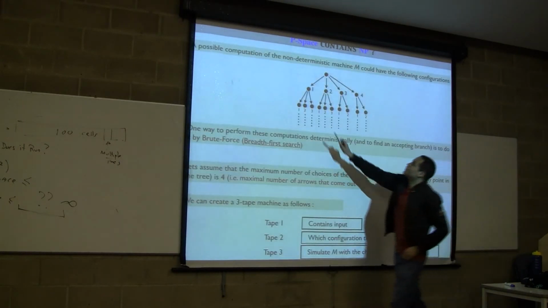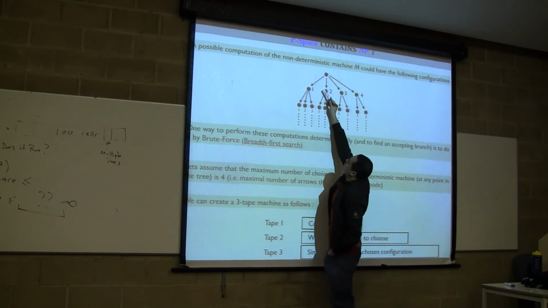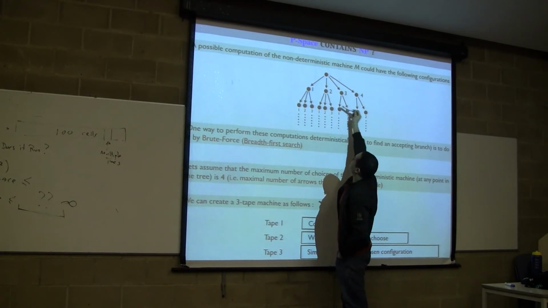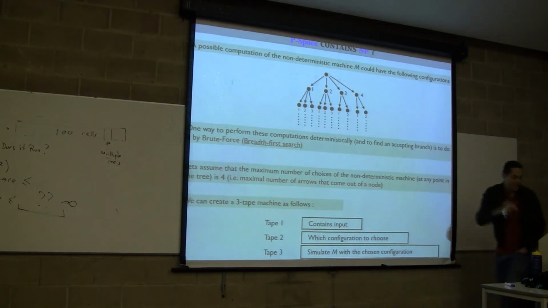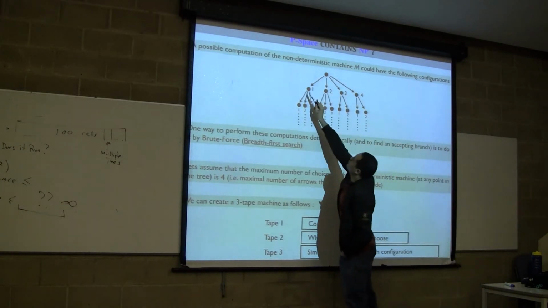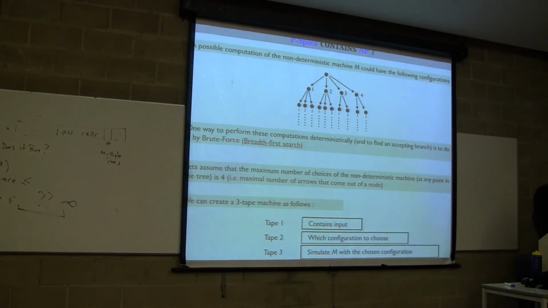So here I generate 1, 2, 3, 4, and then for the next step, I have 1,1, 1,2, 1,3, and so on, 2,1, 2,2, 2,3, and so on. And I'm going to execute these configurations. And I know that it's bounded by a maximum of 4 possible configurations. Just to make it simple, just for you to see what happens here.